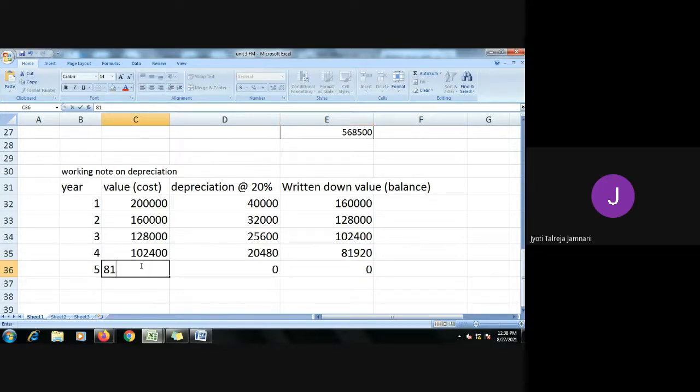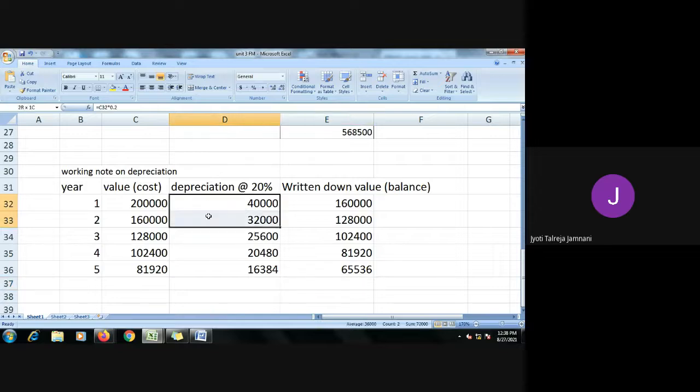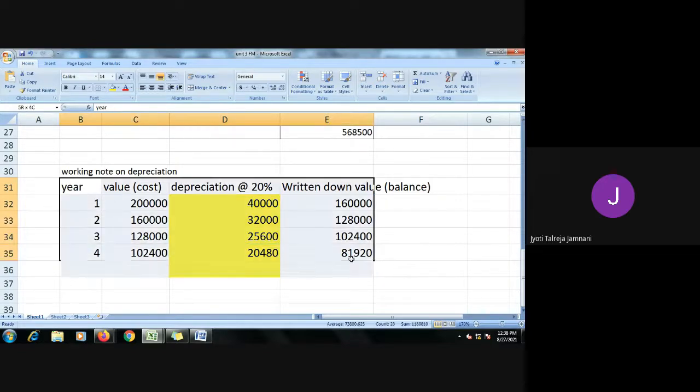This 81,920 is again the opening balance. Similarly, 81,920 into 20%, we get a depreciation of 16,384, and the balance is the cost minus the depreciation, that is 65,536. We don't want it beyond 5 years. We wanted depreciation only for 5 years, from 1 to 5. For all the 5 years, we have the depreciation now.